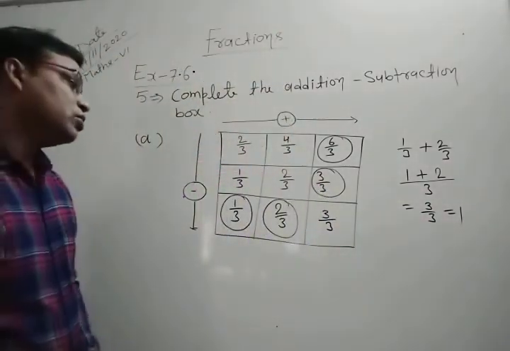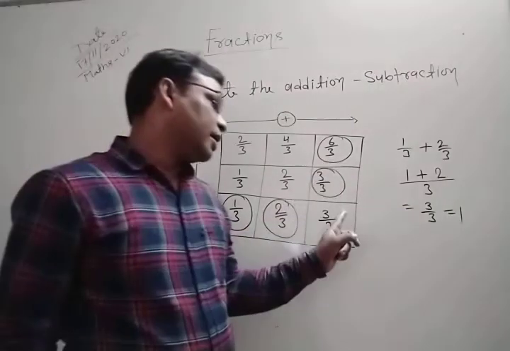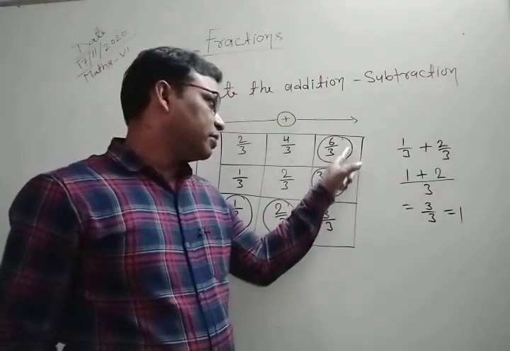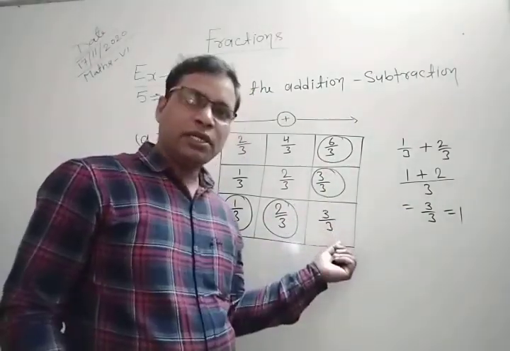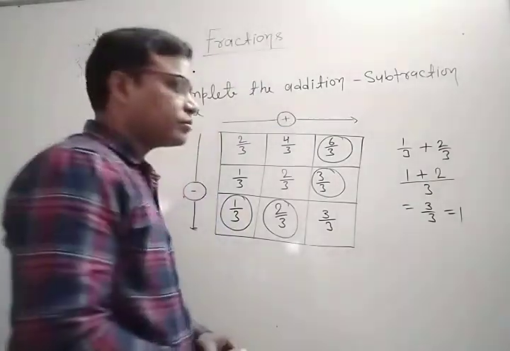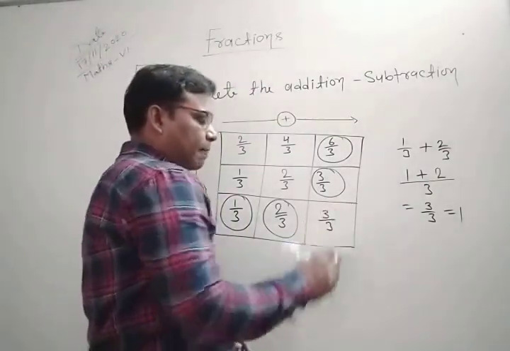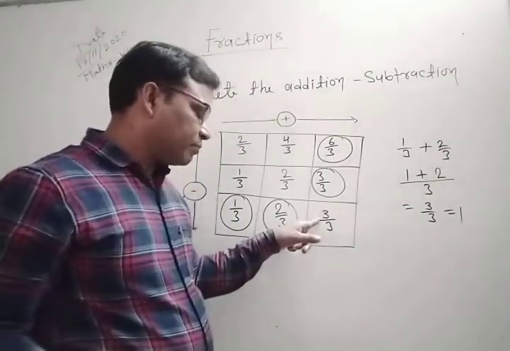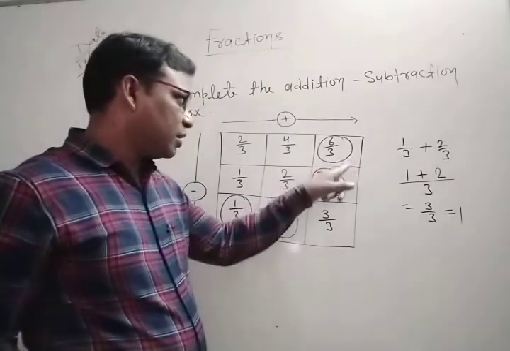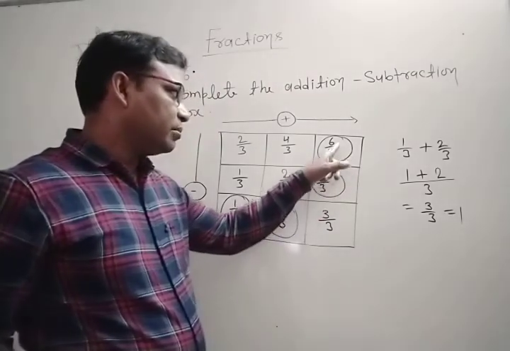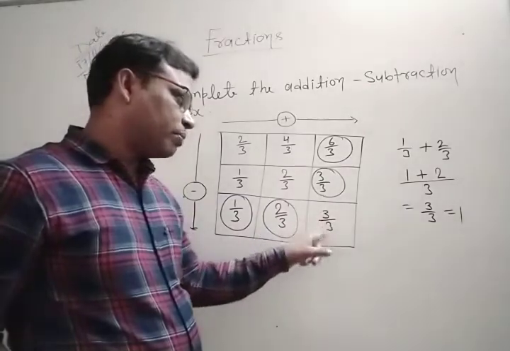Also you can verify it by writing the result from this minus this. If you fill this box by subtracting 3 by 3 from 6 by 3, then you also obtain 3 by 3.